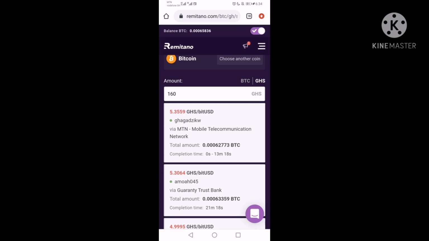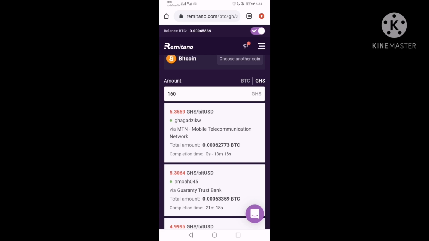Some of us may talk about the fact that the exchange rates are too low, and you can get some on the higher side on some WhatsApp platforms, but mind you, it is not very safe to do that on WhatsApp. Anything can happen.